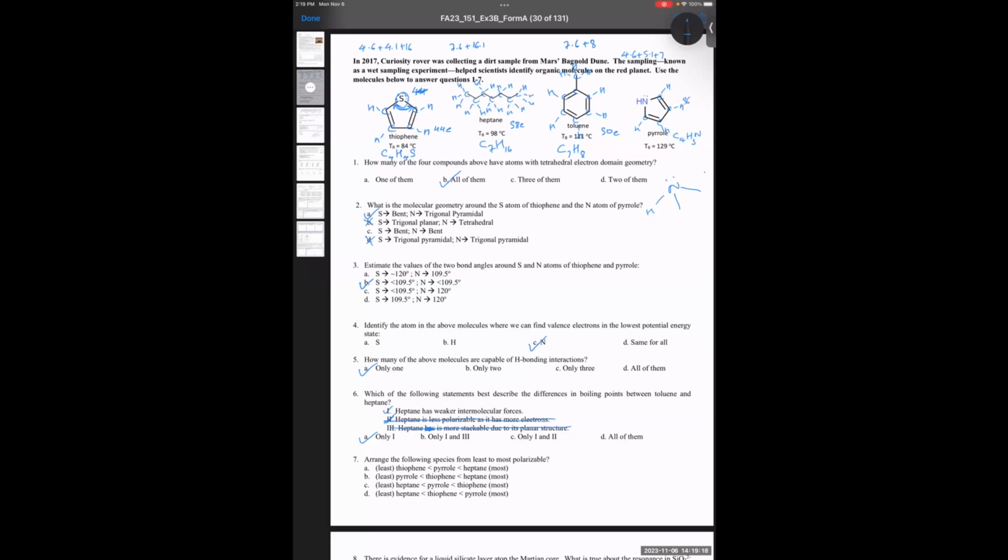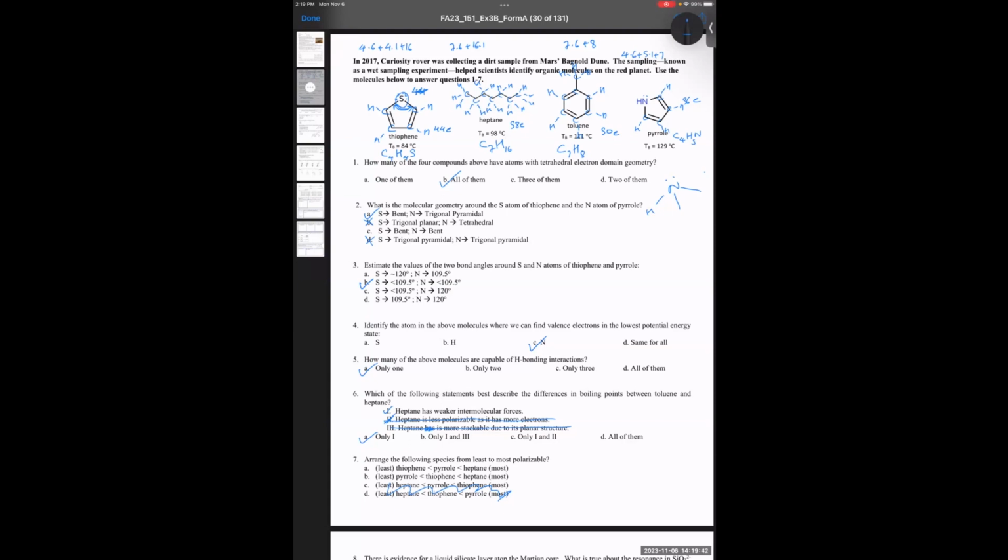It should be least polarizable. Based on the number of electrons, heptane is the most polarizable. These guys are out. And then it should be toluene, and thiophene and pyrrole should be least polarizable.